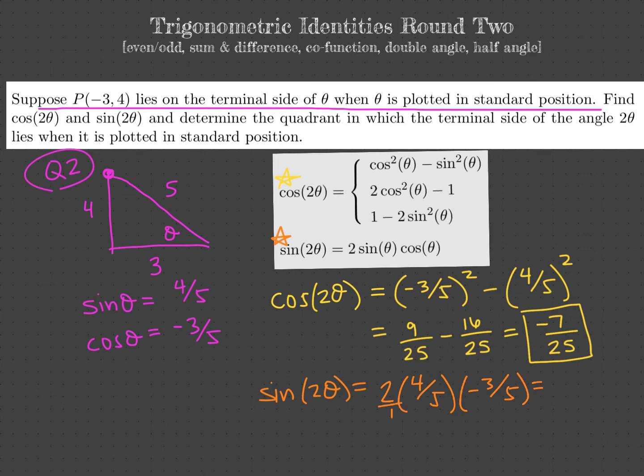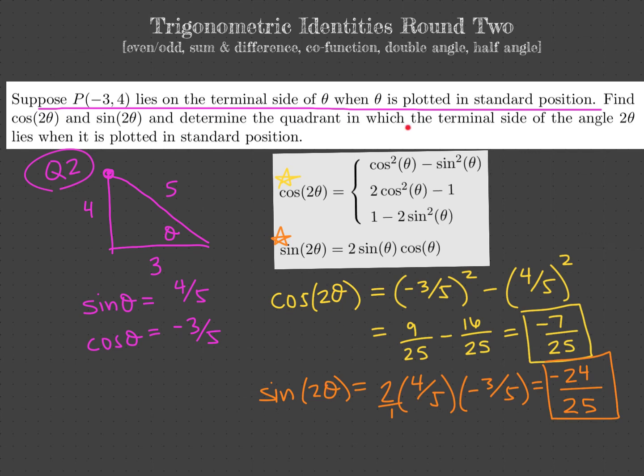So we'll have 2 times 4, which is 8, times -3, which is -24, all over 5 times 5, which is 25. So we have found both the cosine and sine of our double angle.